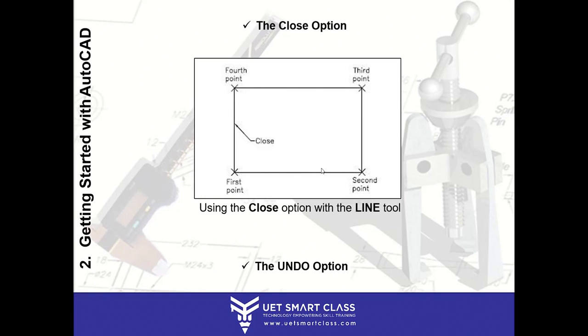Then, if you want straight lines, then press Ctrl L or F8, or from your status bar, go to ortho mode, toggle it on, then take the second point, then go upwards to the 90 degree, take the third point, and then again come to 180 degree, take the fourth point, and then rather than coming to the fifth point, just right click to the shortcut menu, press close to close this rectangle, or on your command line, just click on close. That's all for today.